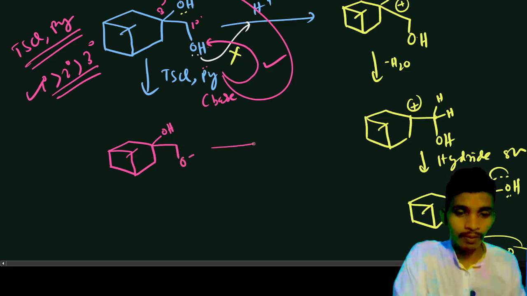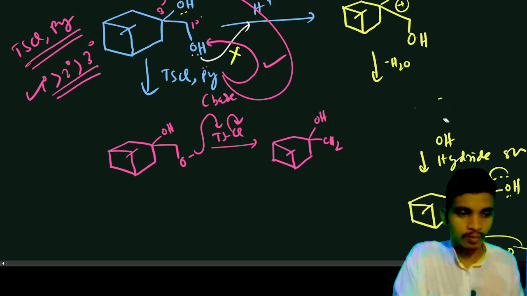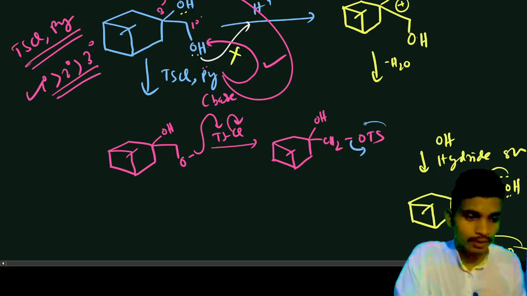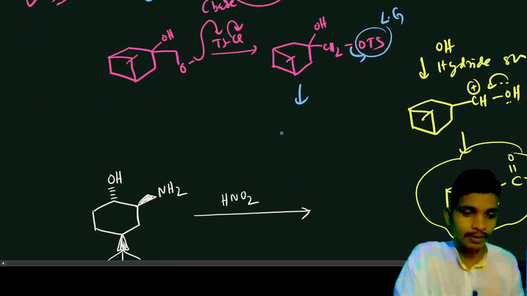Now TsCl is there, so this attacks here and this is going to leave. Then we have OH here, and this is going to be CH2 and OTs. We know that OTs is a good leaving group, so this will leave.